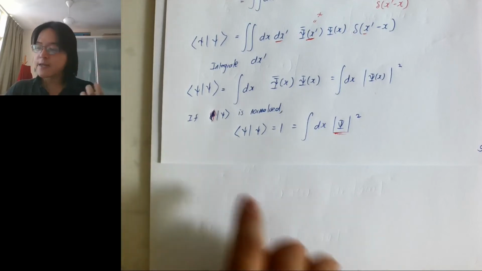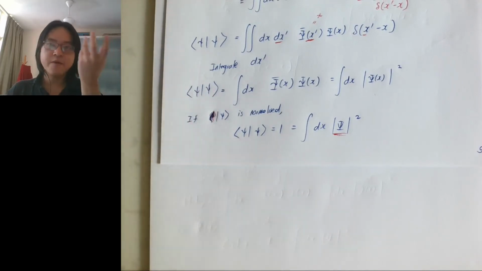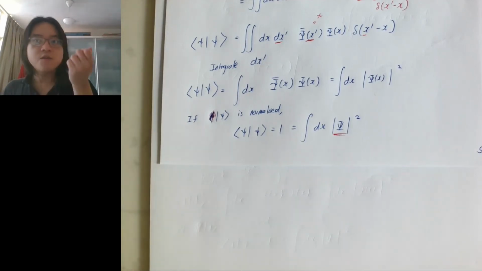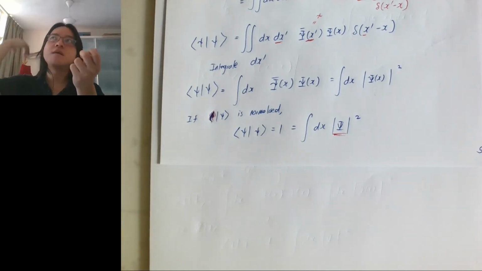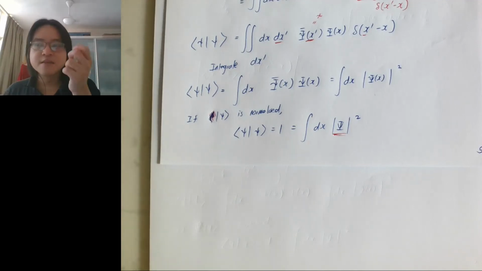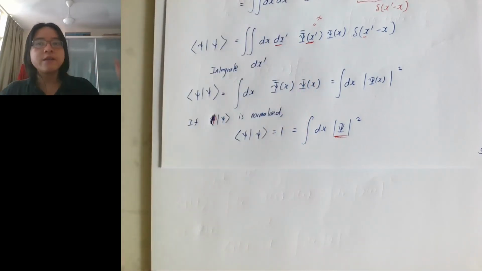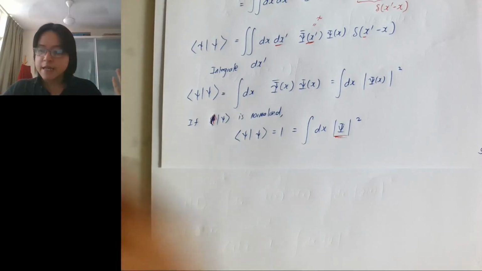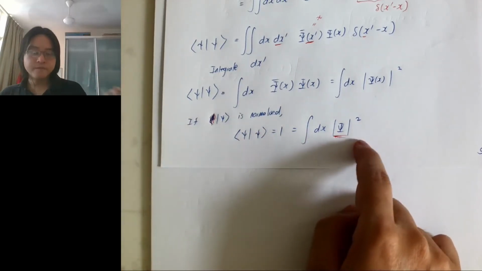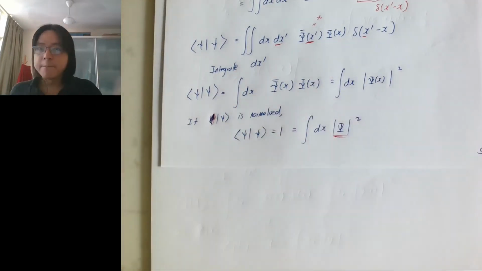Although there are cases where the same state psi can describe an electron. Okay, so another thing I mentioned, I don't know when I mentioned this, but an electron is an electron. It is described by a state, but it depends on what you want to measure. So if you want to measure the position of the electron, then you get this continuous variable, right? We want to know where the electron is. But if you just want to measure the spin of the electron, then it's a two-dimensional Hilbert space.